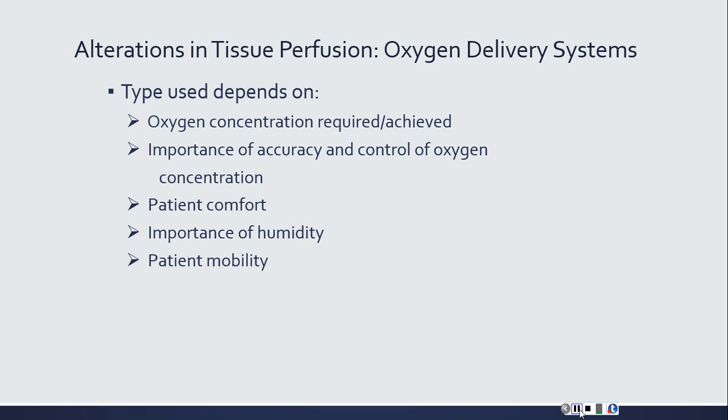All right. Also, patient comfort. We've got to consider patient comfort as well. Now, what comes first, though? Is this going to be our first thing that we consider? No. We've got to oxygenate the patient first, but we want the most comfortable, most flexible one, the one that gives them the most flexibility in terms of mobility.